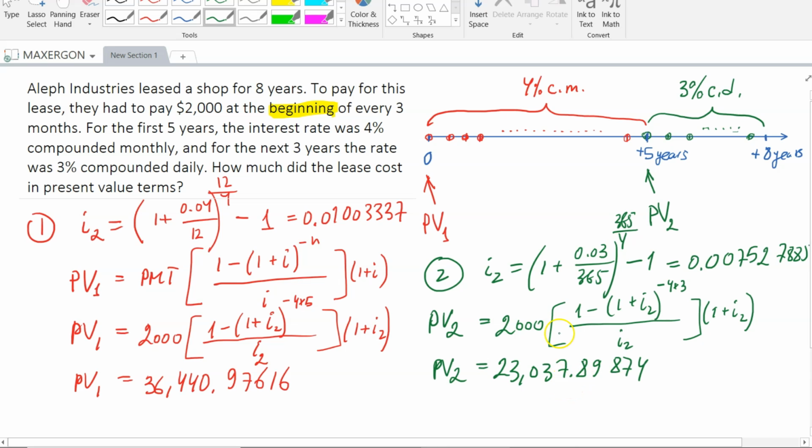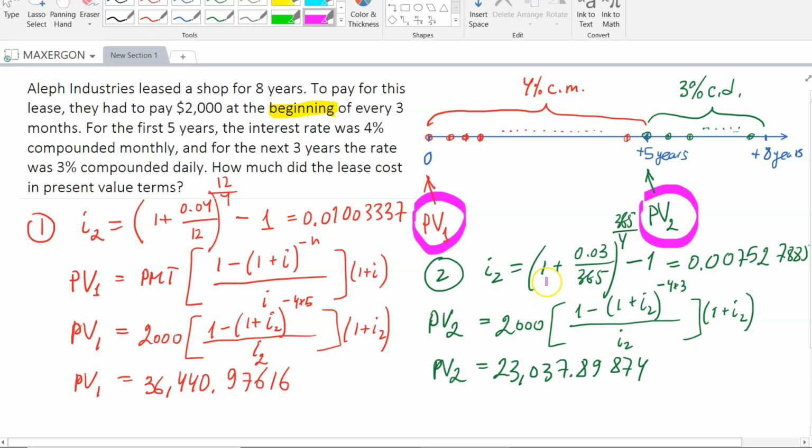Here is a very important part. We found present value 1. This present value 1 right now, in terms of time, is where it needs to be. It is at time 0. Time 0 is when we initiated the lease. However, present value 2 is 5 years from now. You see, when we calculated present value 2, we didn't input any information about when that annuity started.